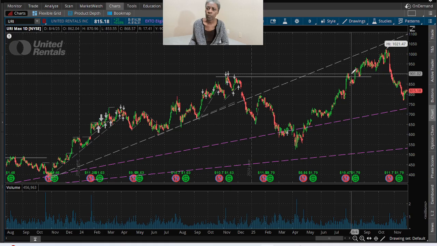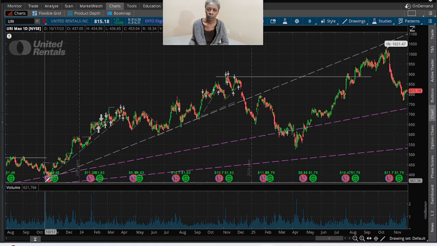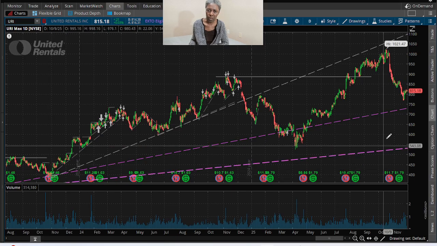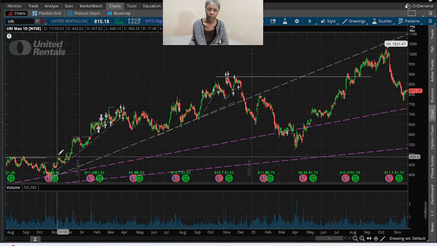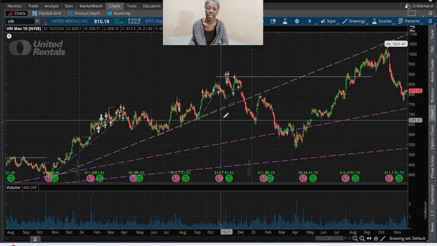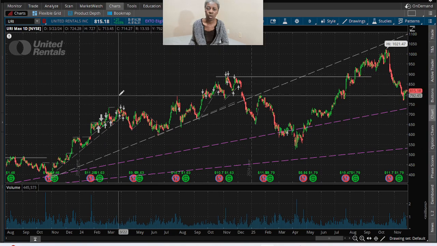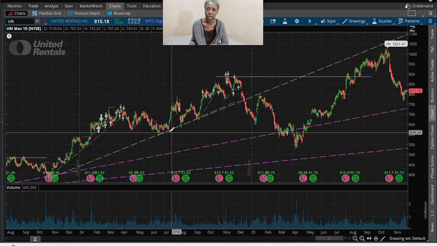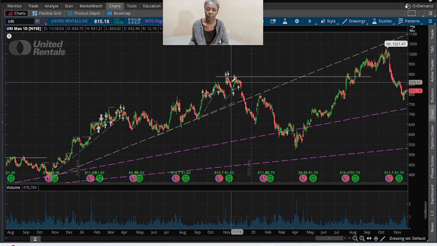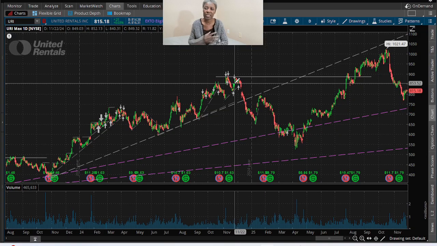Because again, we noticed that from this support line, last time it left there, it reached a new high very quickly. But for over a year, it continued to go up, pulling back to rest on this support line and continuing to go up for a year. Therefore, we decided to stay in the trade longer.